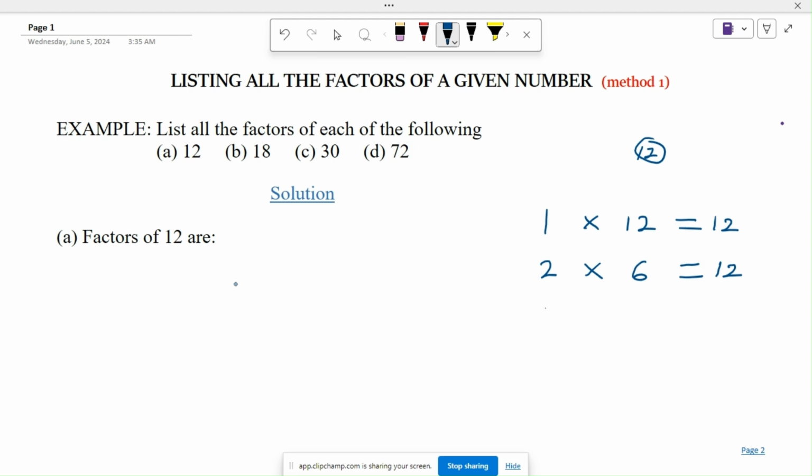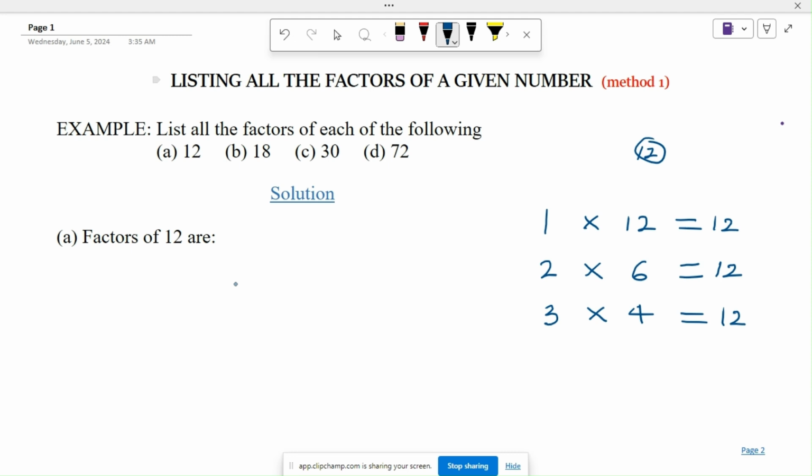Let's check. 3 multiplied by 4 will also give us 12. Then the next number is 4, but we already have 4 on the list. So therefore, this is where we are going to stop.